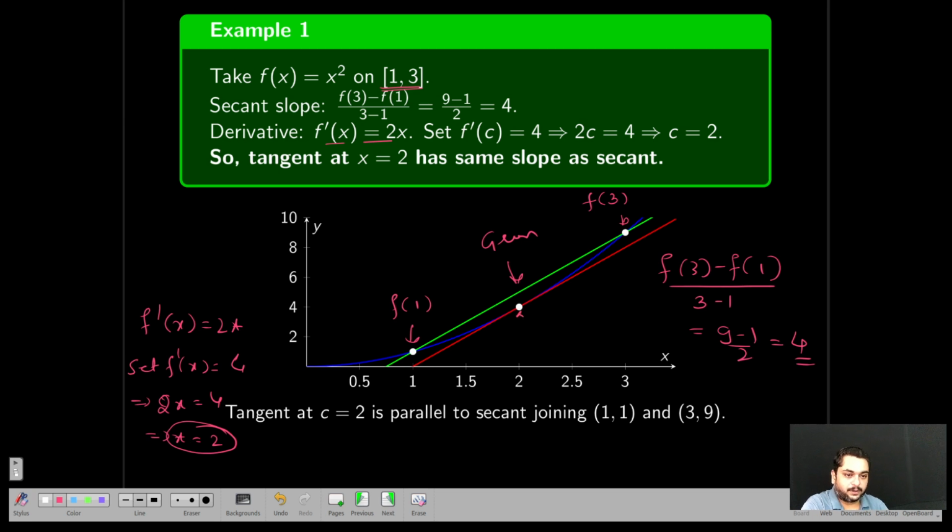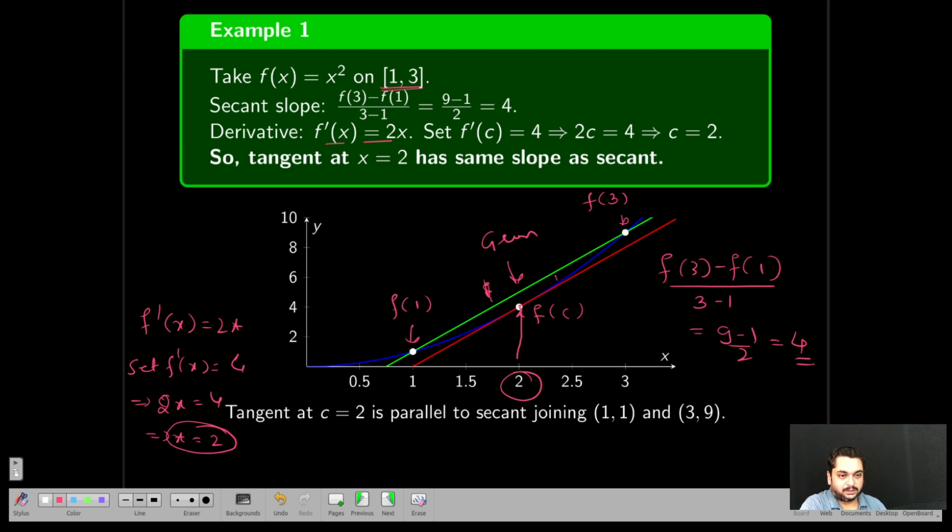That means this point here is f of c. At x equal to 2, the average rate of change is the green line, and this is the slope of the tangent at this point.